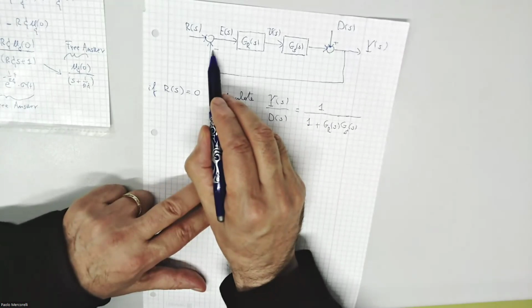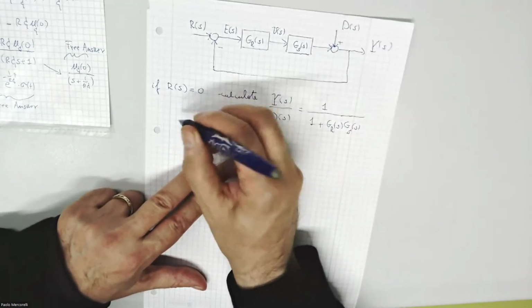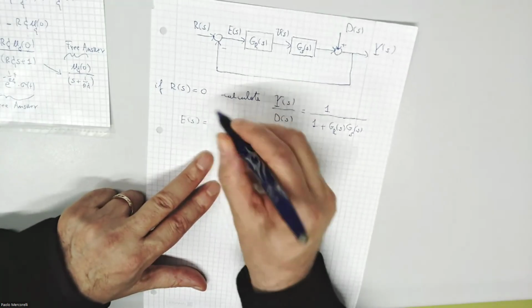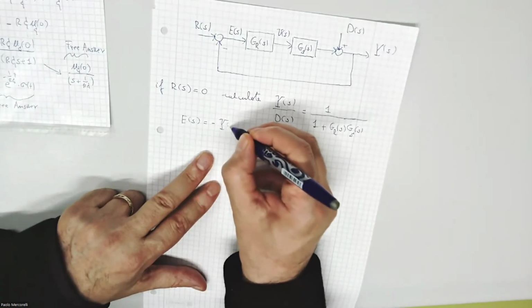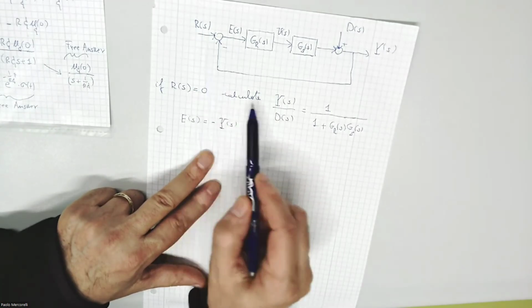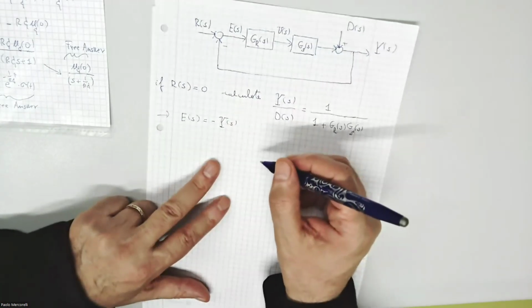What is this signal here? It is, excuse me, Y(s). This means E(s) is equal to minus Y(s), right? Because R(s) is equal to 0. If R(s) is equal to 0, we have this.